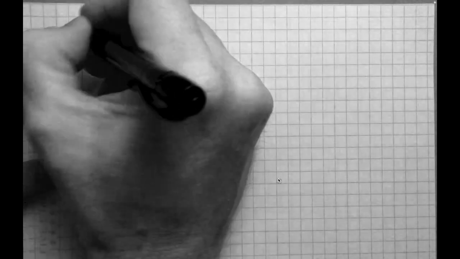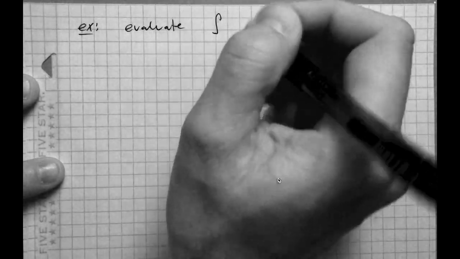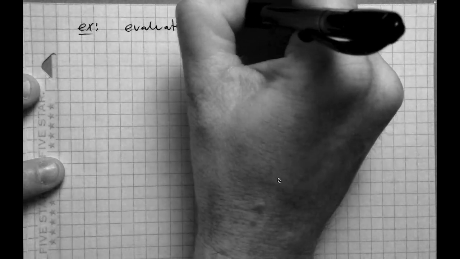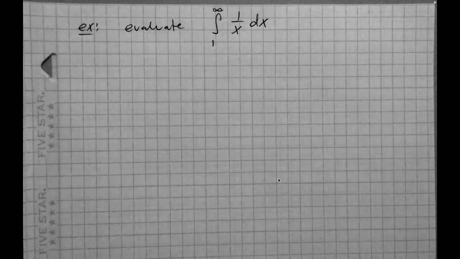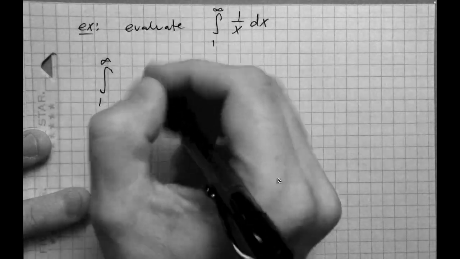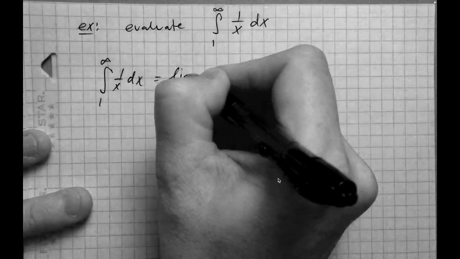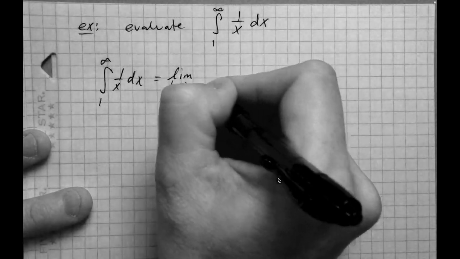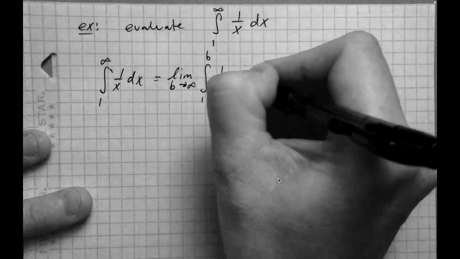Let's evaluate the integral from 1 up to infinity of 1 over x dx. So similar to the previous example, not exactly the same though. I think you'll see they're quite different in reality. So the integral of 1 over x dx is equal to the limit as b goes to infinity of the integral from 1 up to b of 1 over x dx.